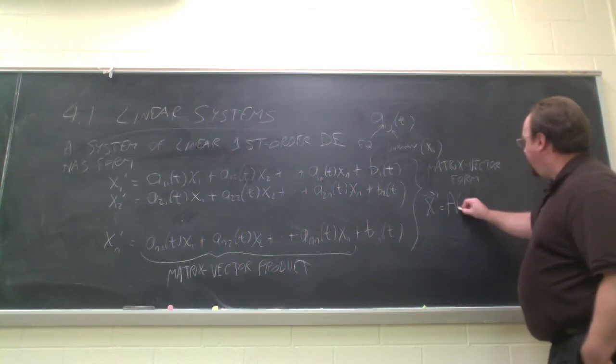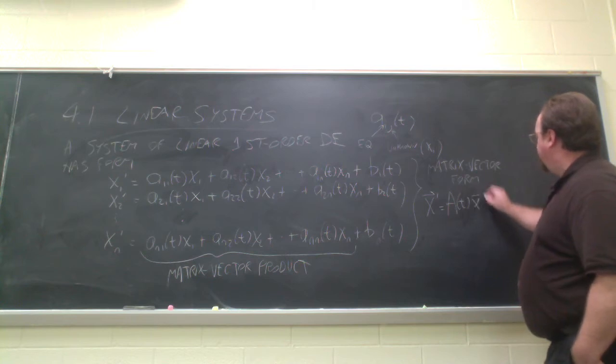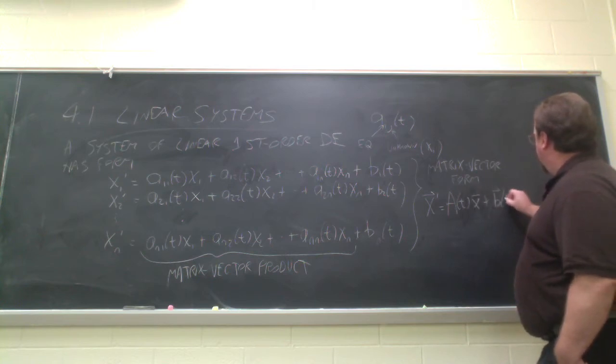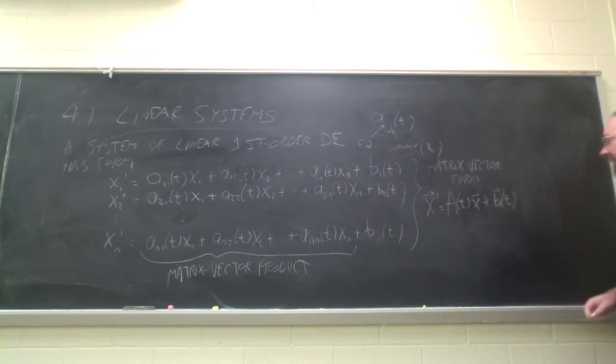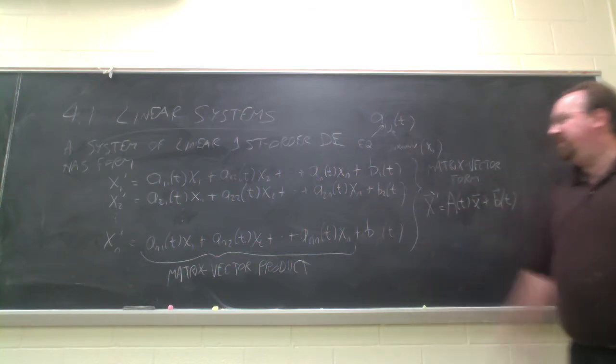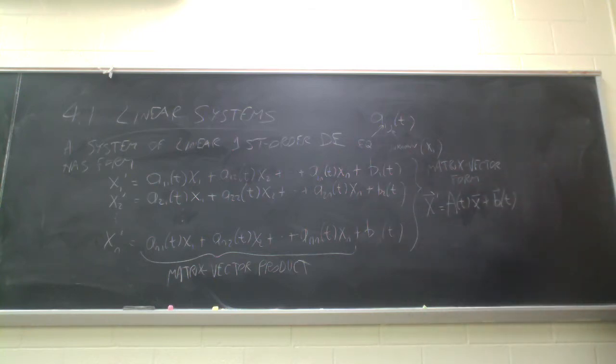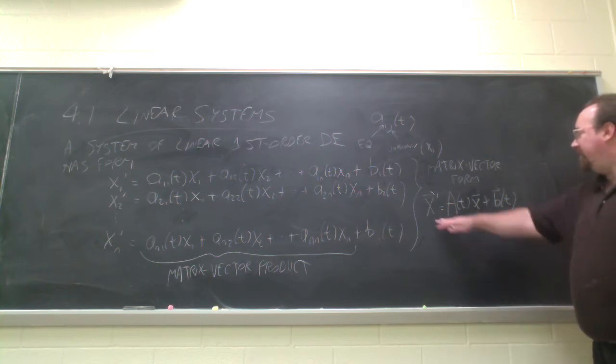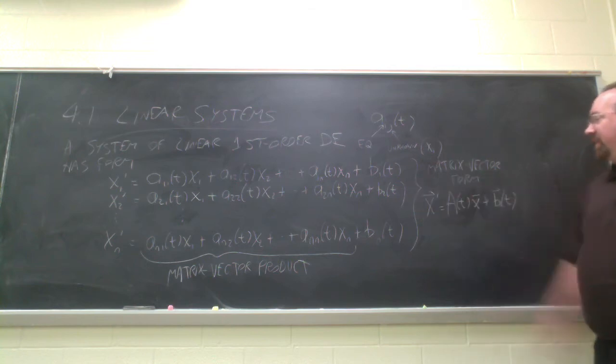So this is A of t x plus b of t. Right. So if you're given a system of equations written out in long form, you can express it in this matrix vector form, and you can define what the matrix is basically by reading the entries off of your equations.